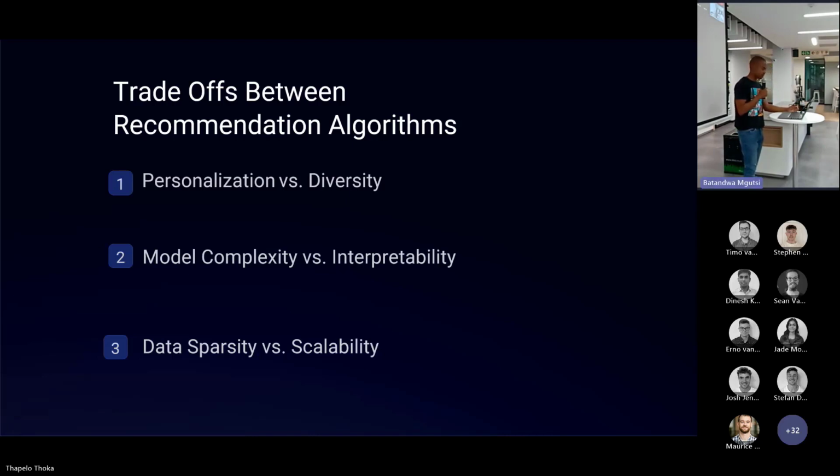There's sometimes a trade-off between complex models, which are better at capturing intricate patterns in data, and interpretable models, which make it easy to understand the reasoning behind recommendations. And there's also a trade-off between being able to deal with sparse data and ensuring scalability and efficient performance, even with large data sets.